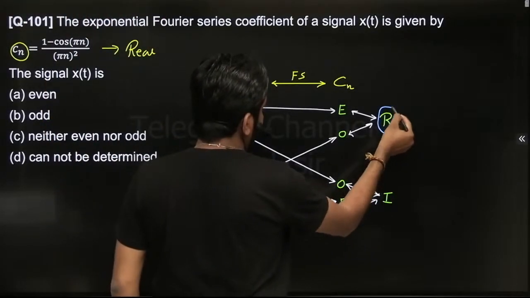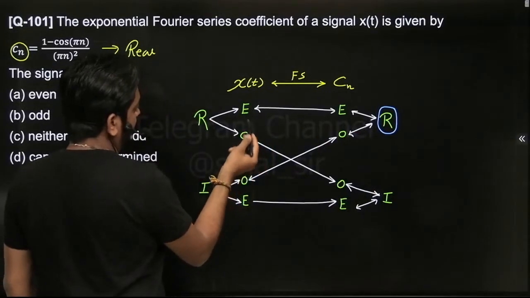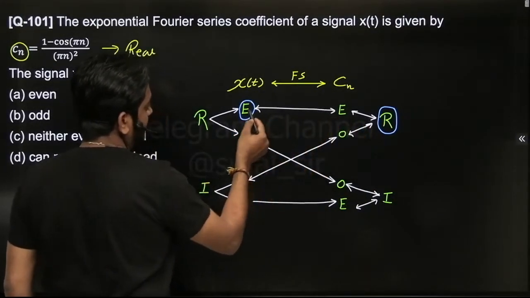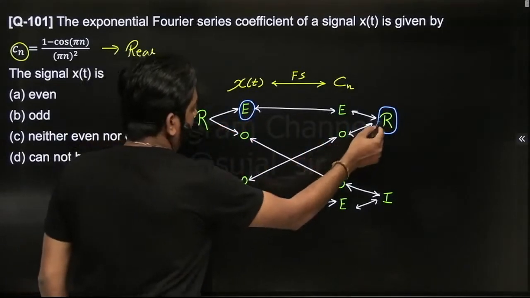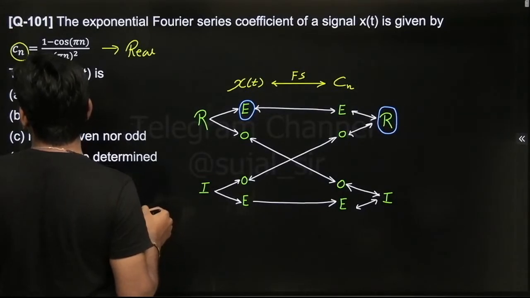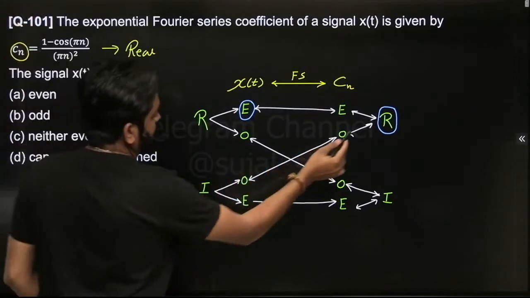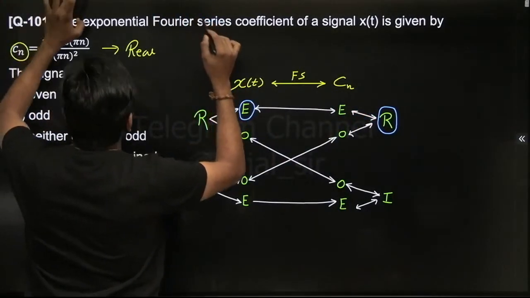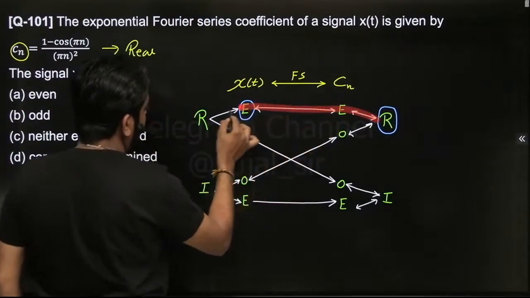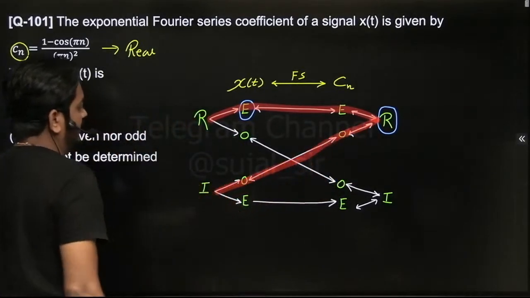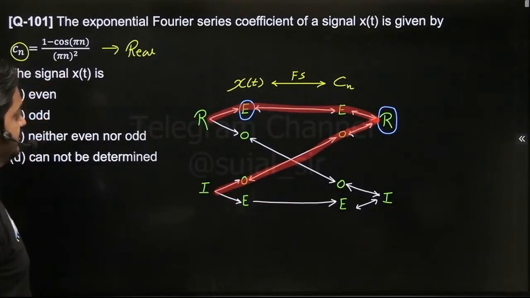So there are two possibilities: x of t will be either even and real, or it will be odd and imaginary.